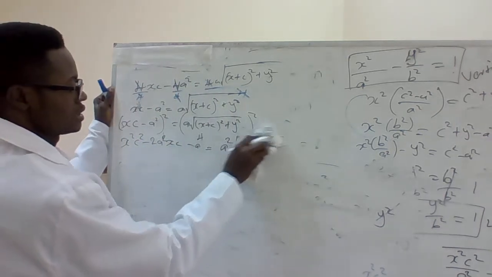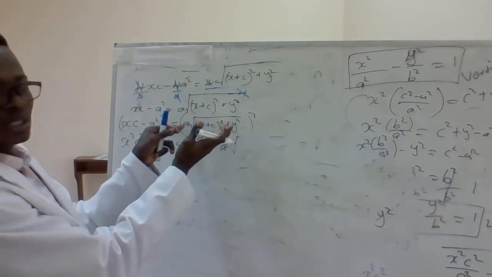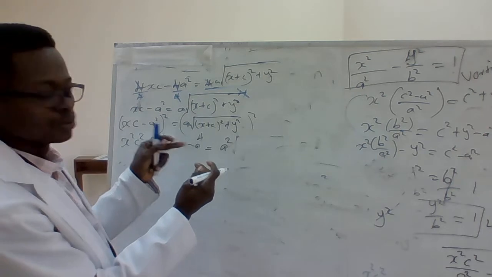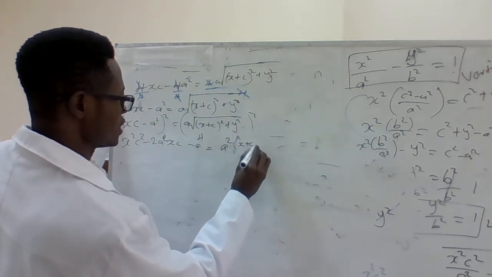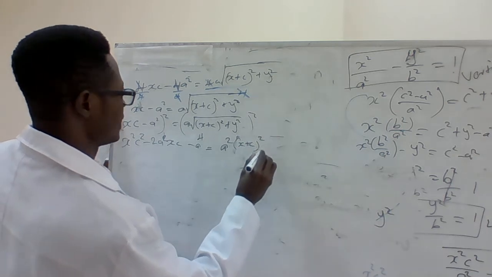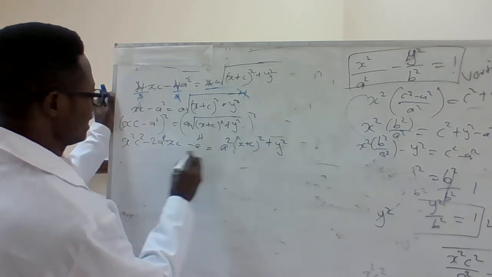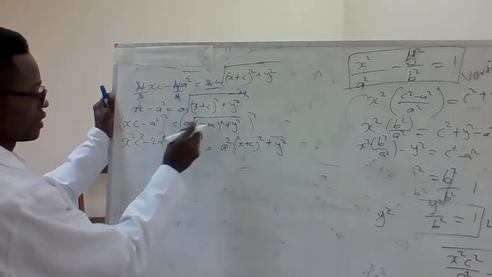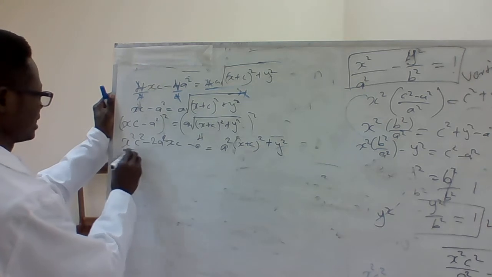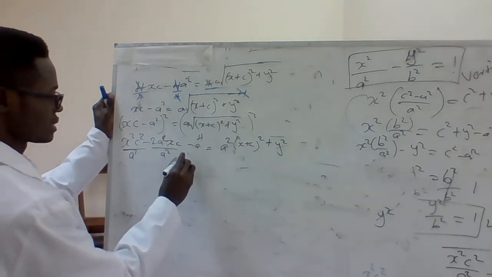The root sign is still there, but remember we have tried to square both sides to get rid of that root sign. So we have x plus c squared plus y squared. But now, since we have a squared, but power 4, we can divide everywhere, all the terms, by a squared.